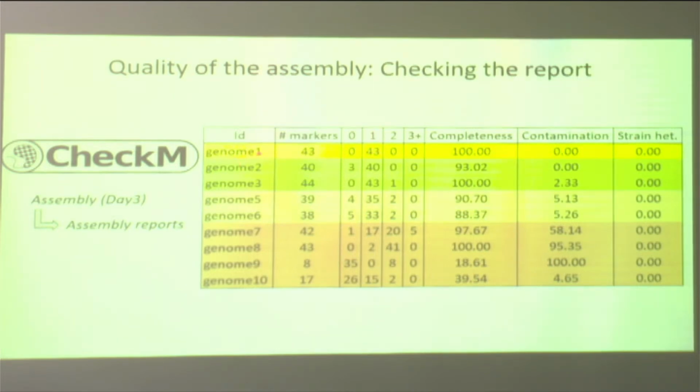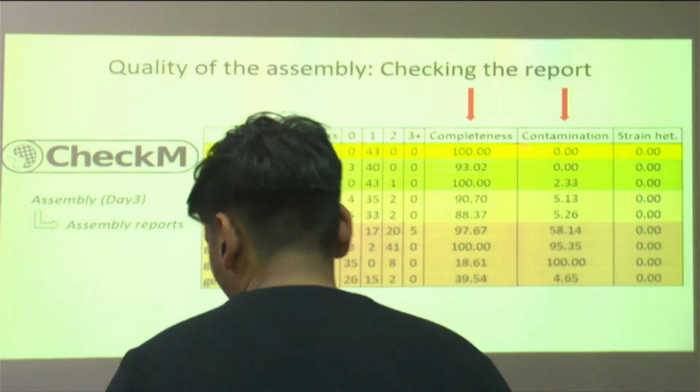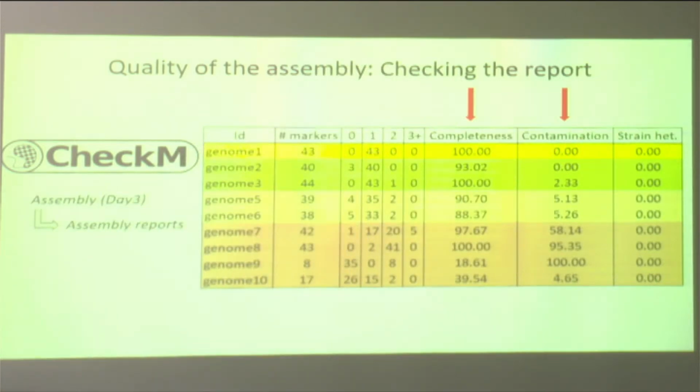So this first row has the ideal results in the most important two columns, which are completeness and contamination. A completeness of 100% because it has all the gene markers that it should have, and 0% contamination because they're all present one time. Now, there are some thresholds for what you can consider high quality or good quality.